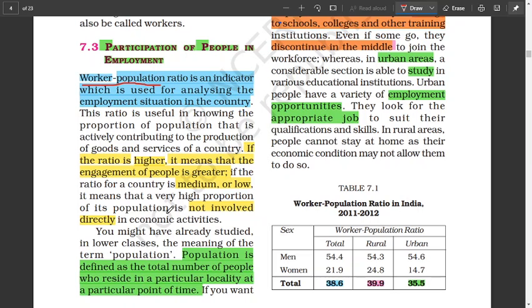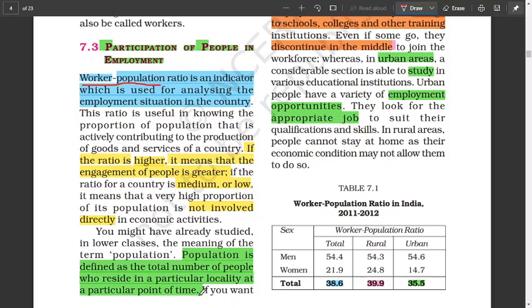So remember this concept. Population is defined as the total number of people who reside in a particular locality at a particular point of time. You calculate all the people who reside in urban areas and rural areas, and you find the whole of India's total population.